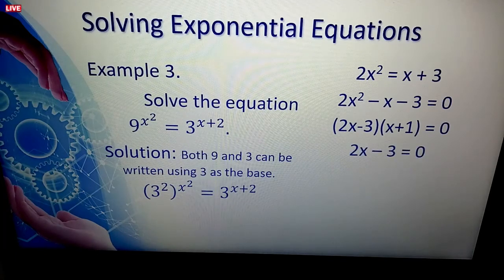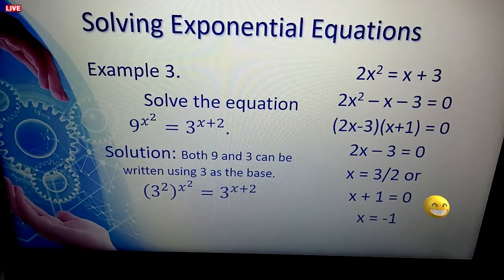One is 2x minus 3 equals 0, and that is x equals 3 halves. The other is x plus 1 equals 0, then the value of x is negative 1. So, the solutions for the given equation are 3 halves and negative 1. That's all. Thank you.